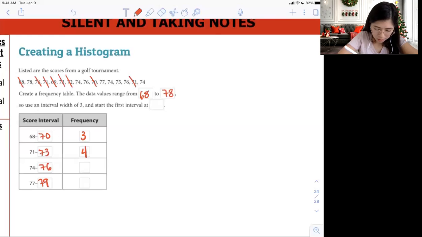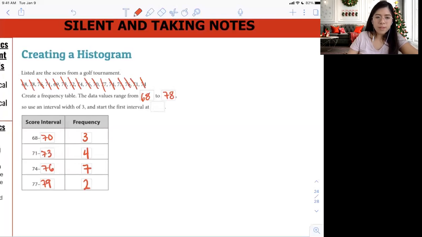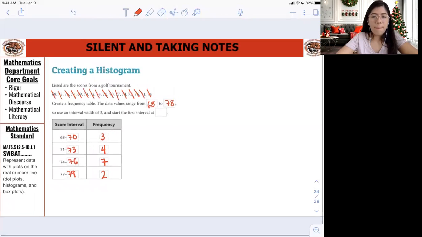So 1, 2, 3, 4, 5, 6, 7. Good. And then the last 2 are in that last interval. All right, so that's all we do first. We just count how many fall into this bucket, how many fall into that bucket, and tally it up. Any questions on that part so far?